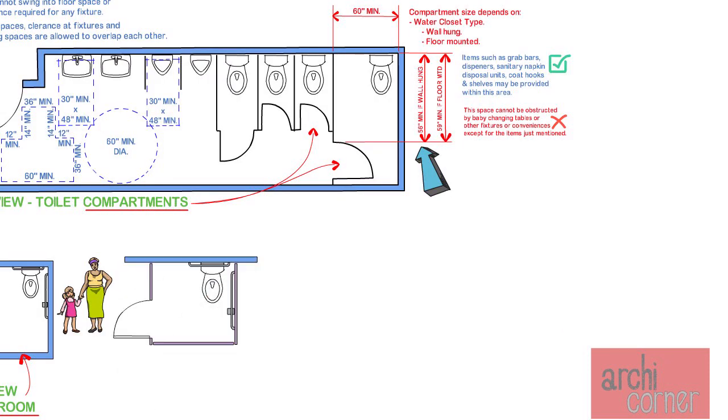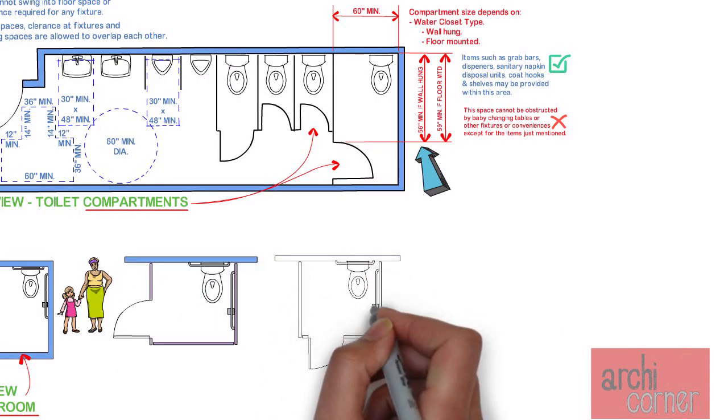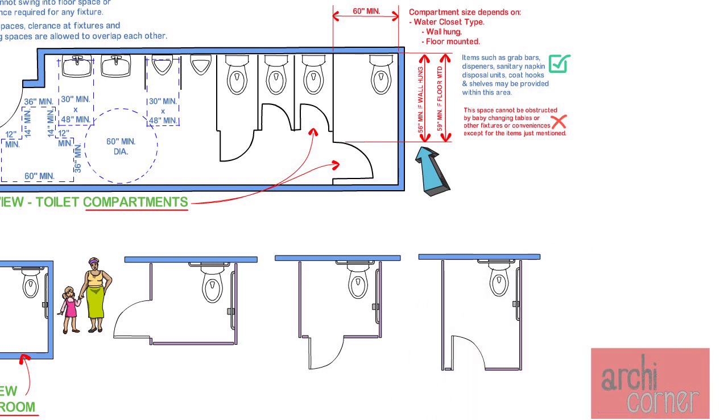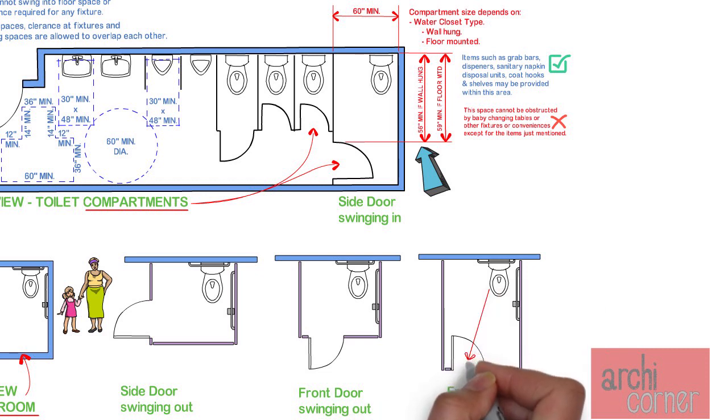Moving on to doors. In order to talk about the requirements for doors, we will need to show the other three possible layouts of an accessible water closet stall. You have side door that swings in, side door that swings out, front door that swings in, and front door that swings out.